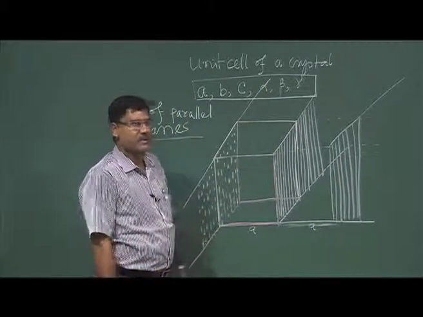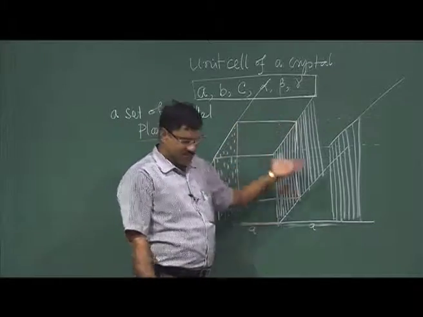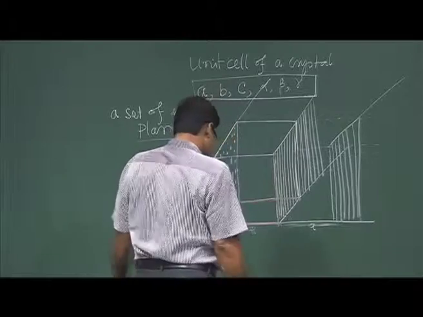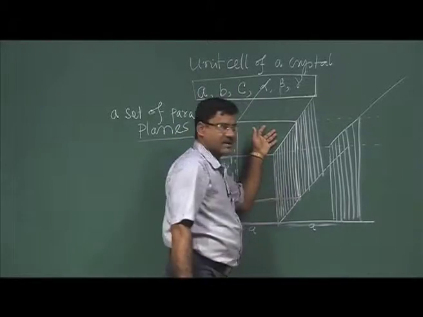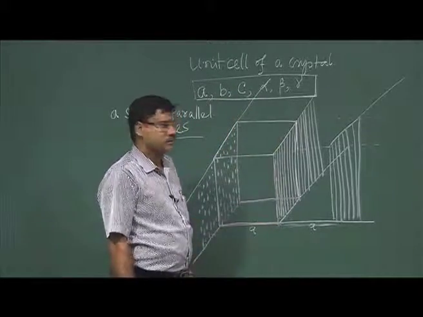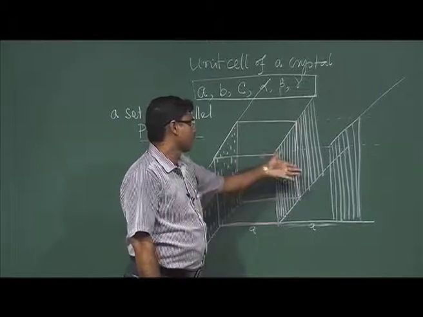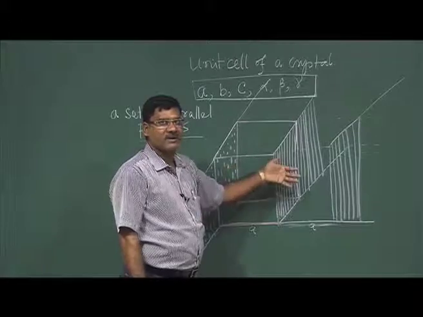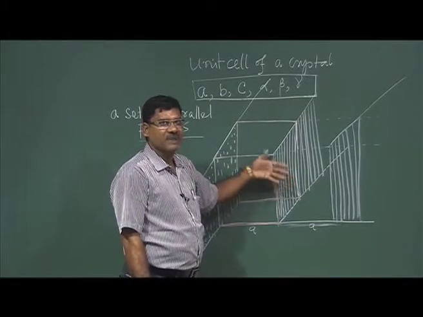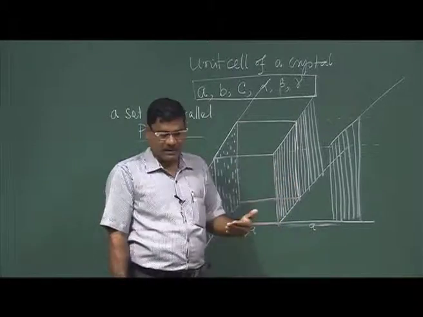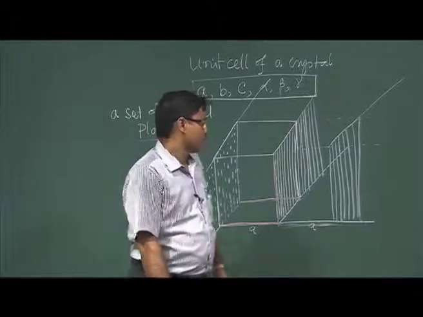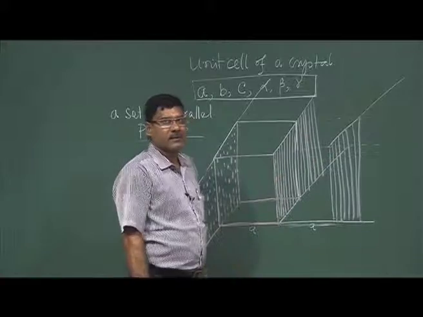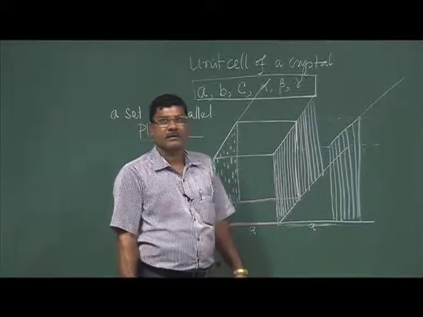As similar to this, we can get other sets of parallel planes. So, here itself a unit cell has 6 faces. Basically, 2 opposite parallel faces, so 3 pairs of oppositely parallel faces.